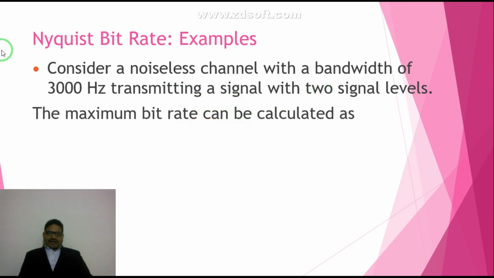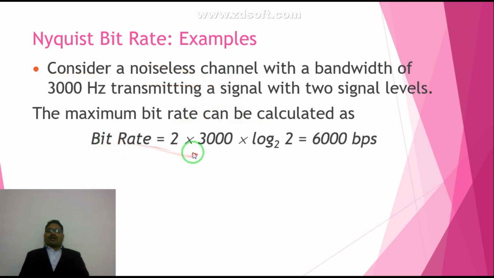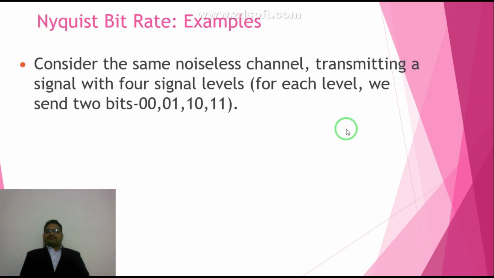We know the formula: 2 into bandwidth, which is 3000, into log of L. L is 2. So bit rate is equal to 2 into 3000 into log of 2. What is log of 2 to the base 2? It is 1. So what is the answer? 6000 bits per second.